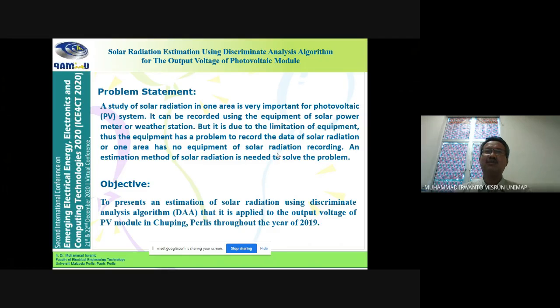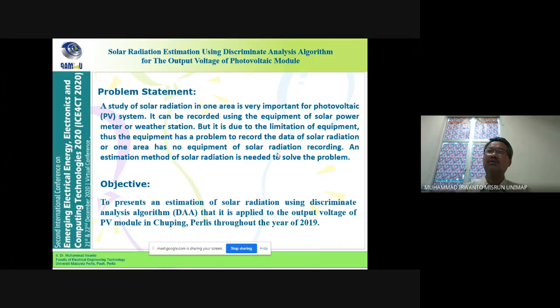But sometimes in one area there is no equipment to measure the solar irradiance. Why? Maybe it is missing data, missing equipment. So there is missing data of the solar irradiance in one area.